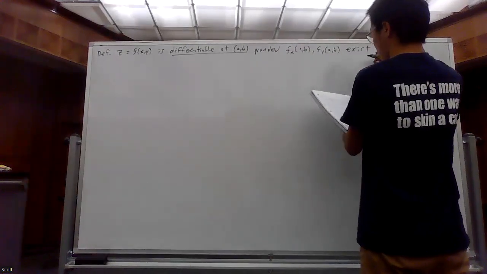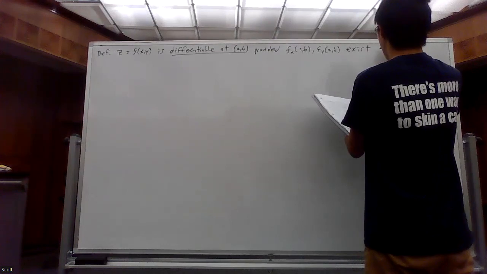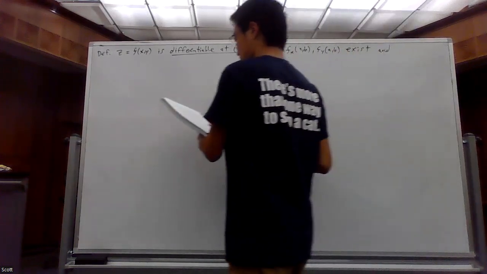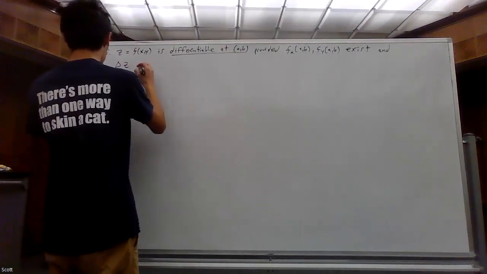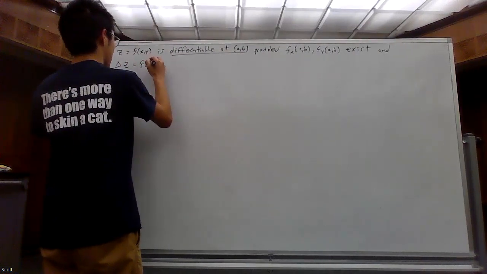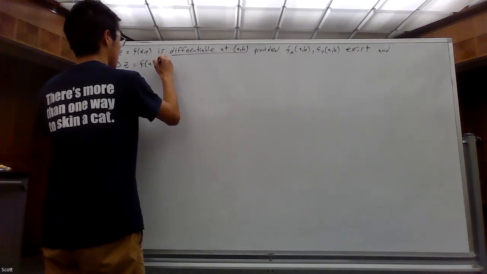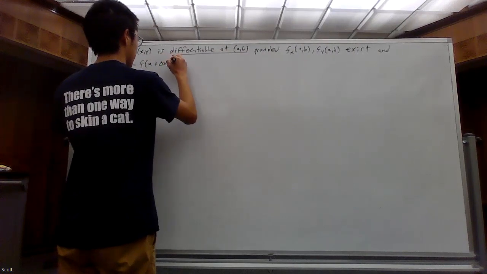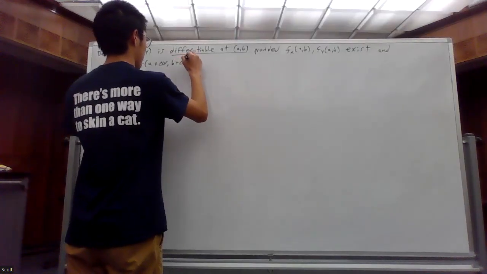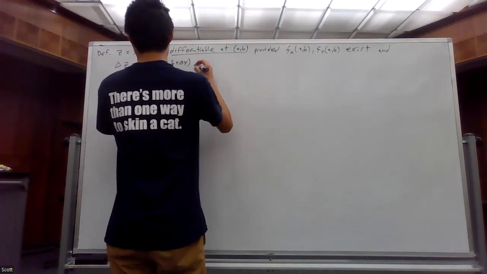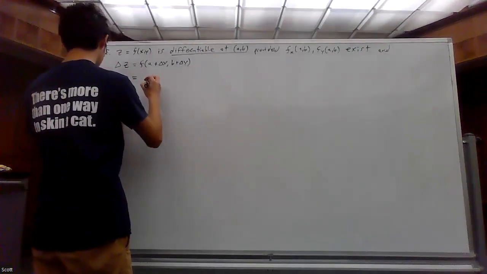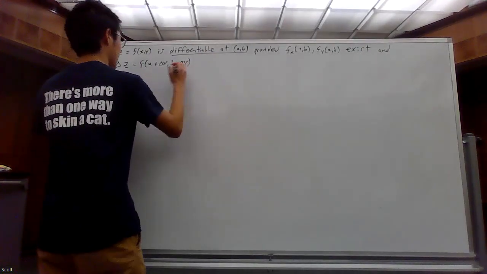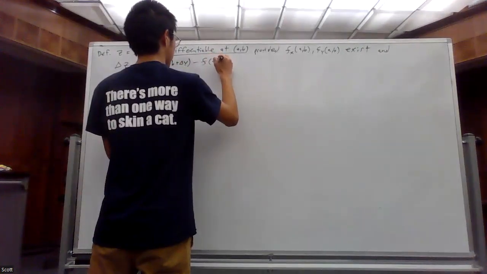So we have the function, the derivatives existing, and the change delta z, which is f of a nudged over some delta x, and b nudged over some delta y, subtracting the original point.